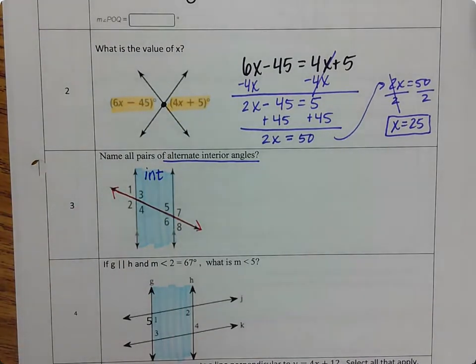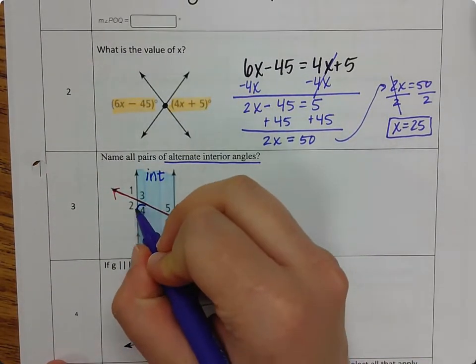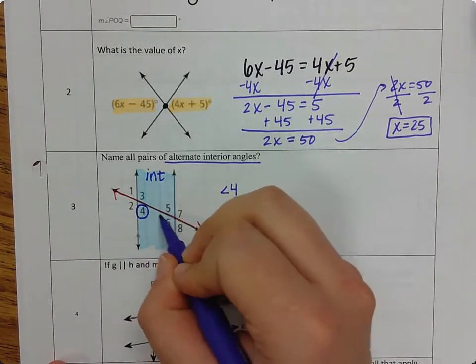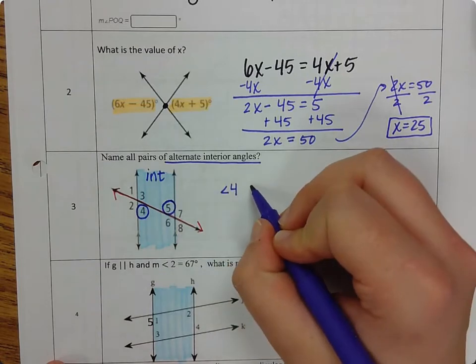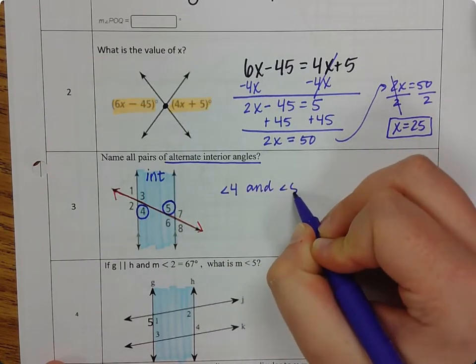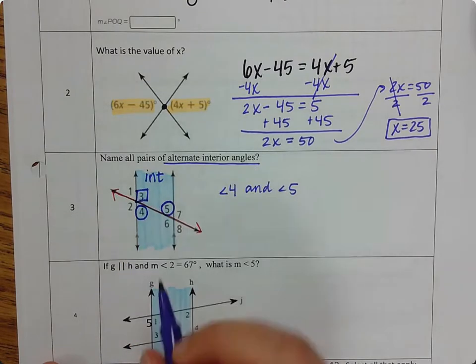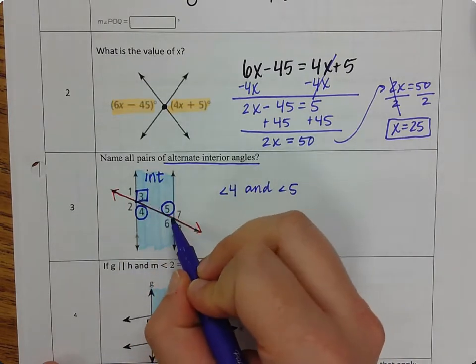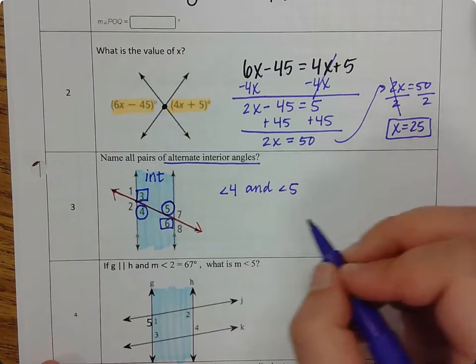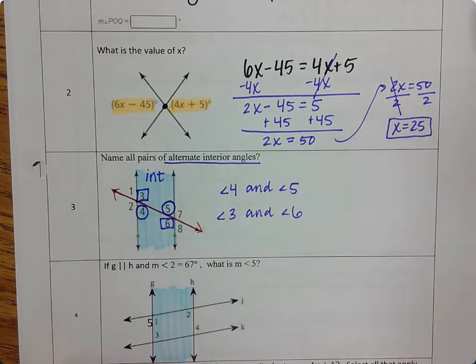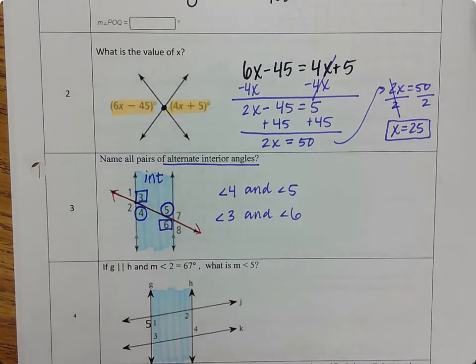So I've got two pairs of alternate interior angles here. If we start with angle number 4, the one opposite of the red line, across from it is angle 5. So angle 4 and angle 5, there's a pair. And then if we look at angle 3, also in the blue, directly across from it, opposite the red line, angle 3 and angle 6 are going to be my alternate interior angles.